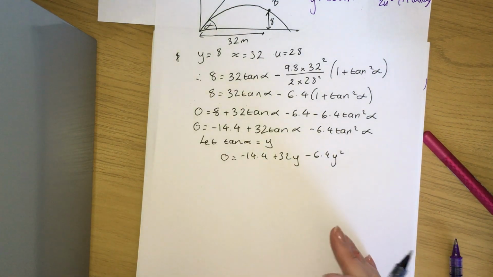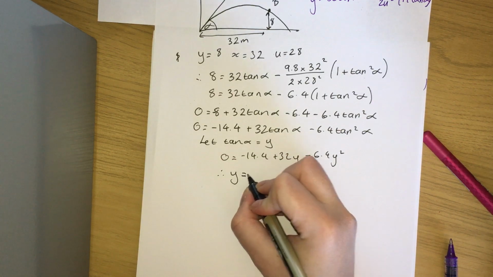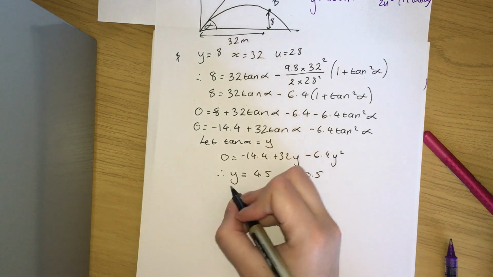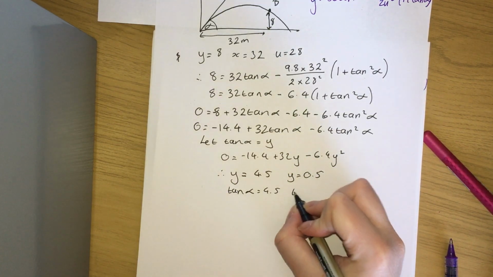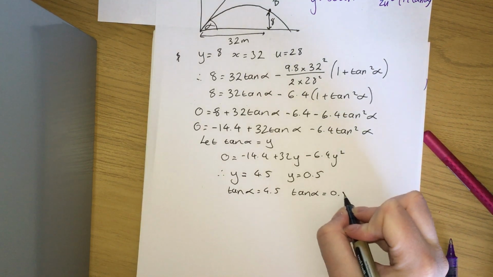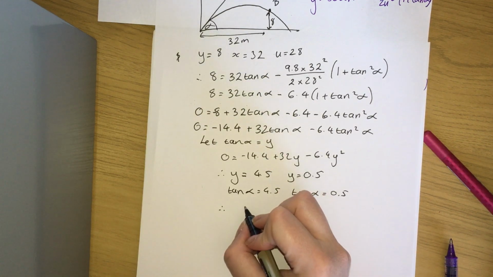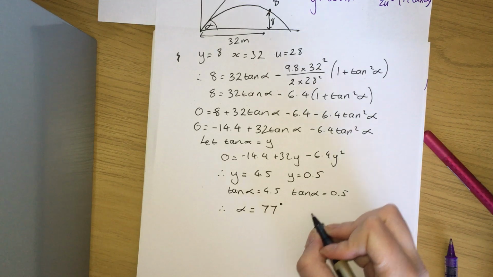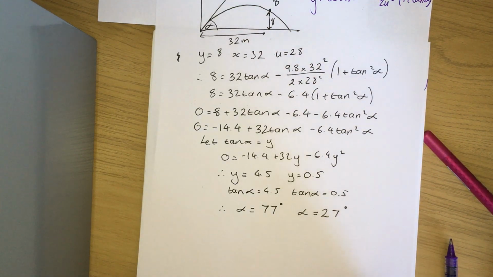I'm just going to use my polynomial solver, and when I solve, I get y is equal to 4.5 and y is equal to 0.5. So tan alpha is 4.5 and tan alpha is 0.5. Therefore, to the nearest degree, alpha is either 77 degrees or 27 degrees.